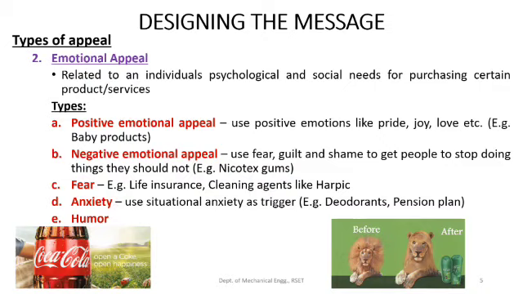Another example would be the case of a toothpaste. Toothpaste can use both anxiety and fear as a tool for emotional appeal. Take the case of fear of plaque, decayed teeth, sensitivity, pain all of a sudden. Such kinds of fear can be used as a stimulant so that your product might be sold.